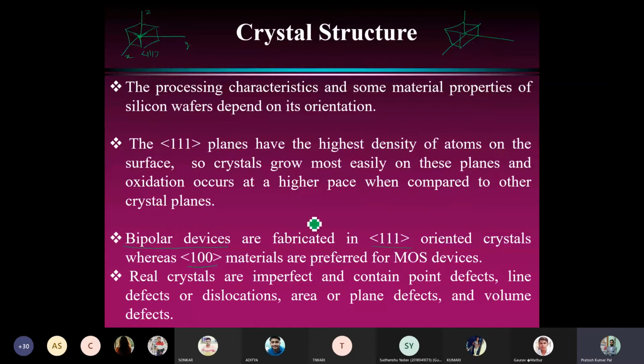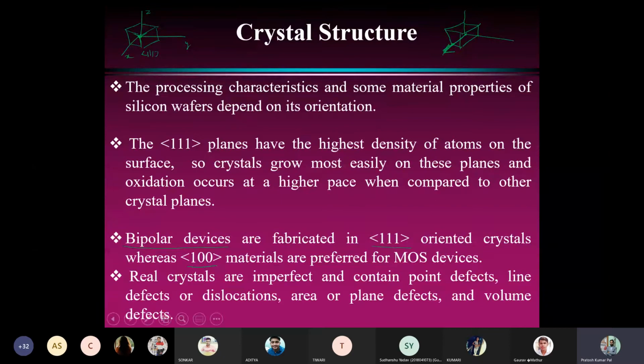So here the 100 orientation will be 1 unit in the x direction. This will be here. Then 0 units in y, so 0 units means here only, and 0 units in z means this will be here only. So from the origin to this point we will connect it, and this will be the direction or the orientation of the atoms present in that crystal. Okay, so this type of orientations are there.